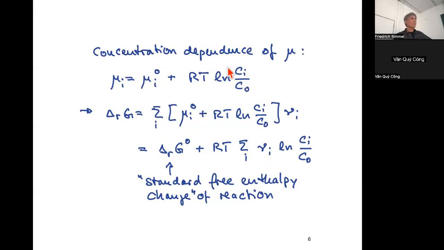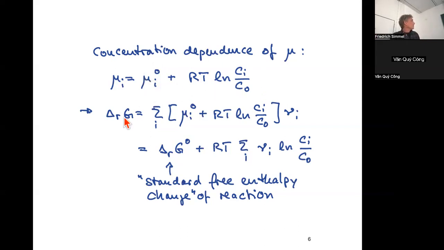So that essentially is an entropic factor in principle. Therefore, your chemical potential varies like this here, RT ln C, concentration divided by some kind of reference concentration. And this is just the so-called standard chemical potential.